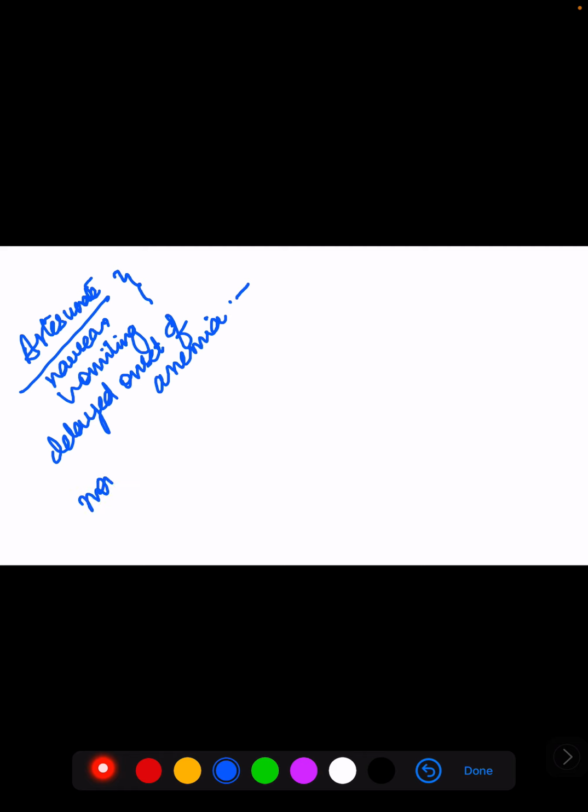So that was about falciparum. Now coming to non-falciparum malaria. In a few regions there is resistance to artesunate.